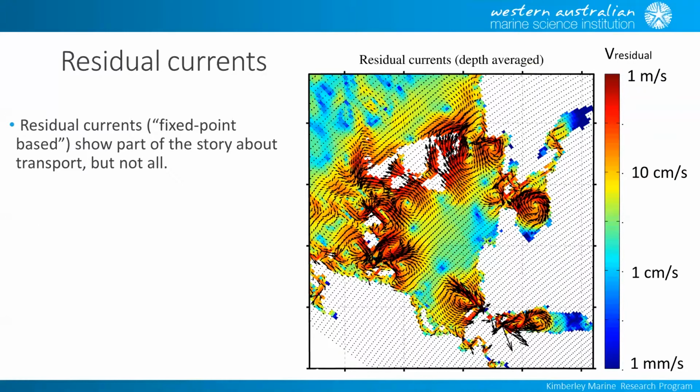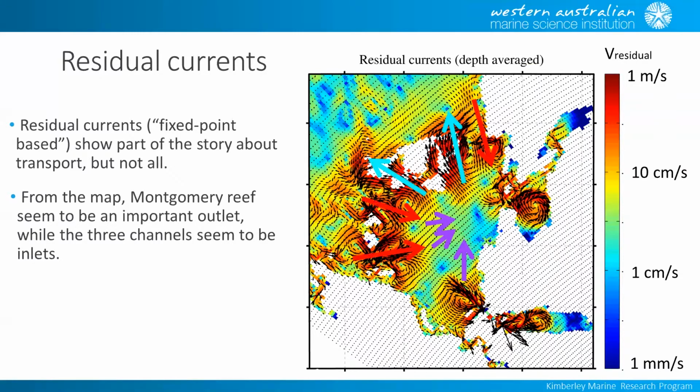These are tidally averaged currents, which you can think of as measured at a fixed point. The model is physically set up to replicate the topography, and so it's predicting currents at fixed points throughout the system. As you can see in the central part of this system, Montgomery Reef is the dominant reef system in the central portion of this region.